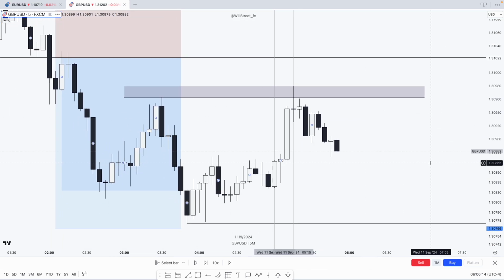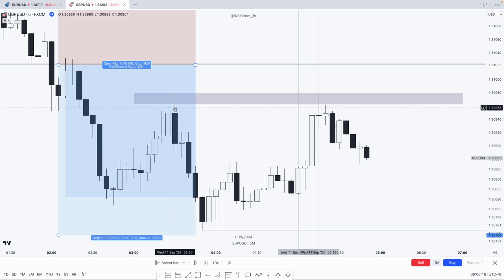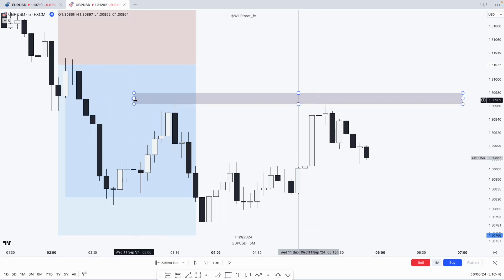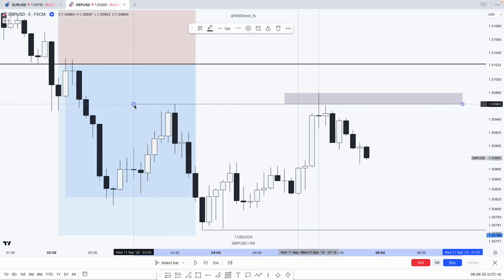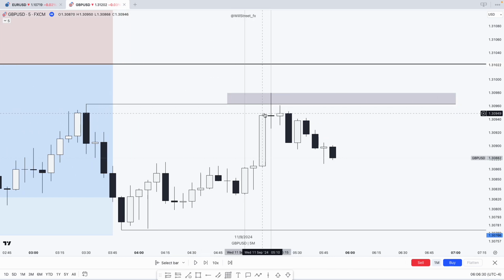So we are going to start looking for shorts after taking, of course, the high time frame previous candle, which is this one. So here is the range in lower time frame.